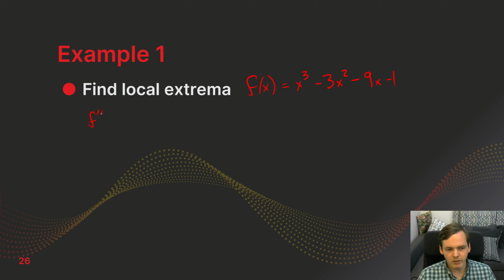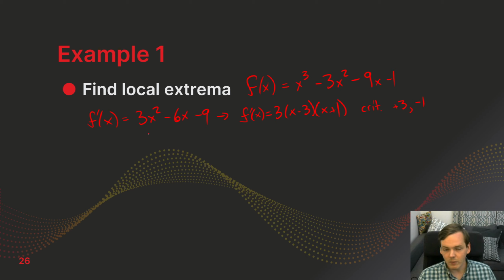So the first derivative is going to be equal to 3x squared minus 6x minus 9, which we can factor to be f prime of x is equal to 3 times x minus 3 times x plus 1. So this means the critical points are at negative 3 and negative 1. Sorry, positive 3 and negative 1.